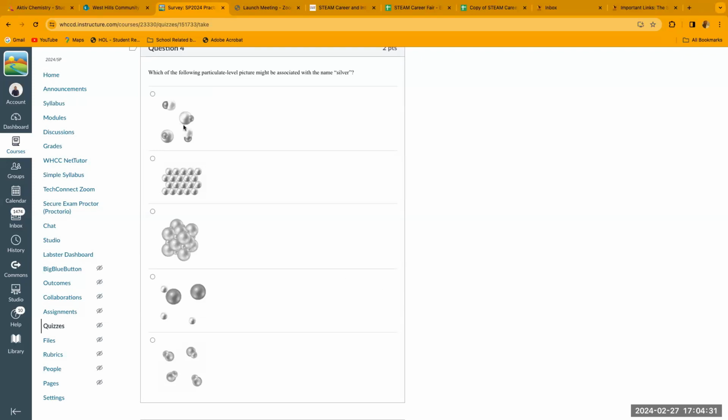Okay. So in a sense, this basically would be an example of two molecules, right? So these two are the same, and these two are the same. So if you have two different molecules in one container, what would we call that?